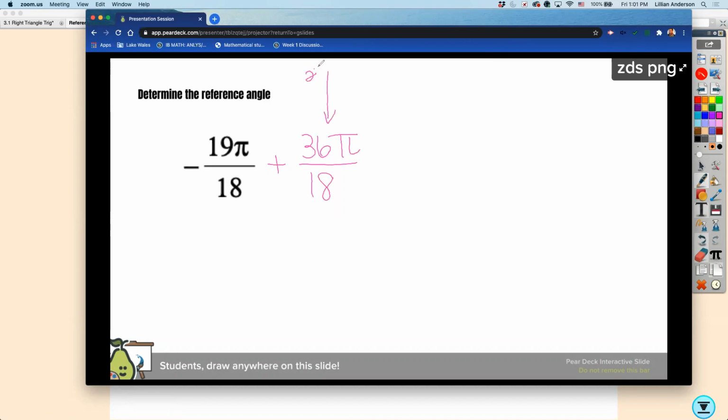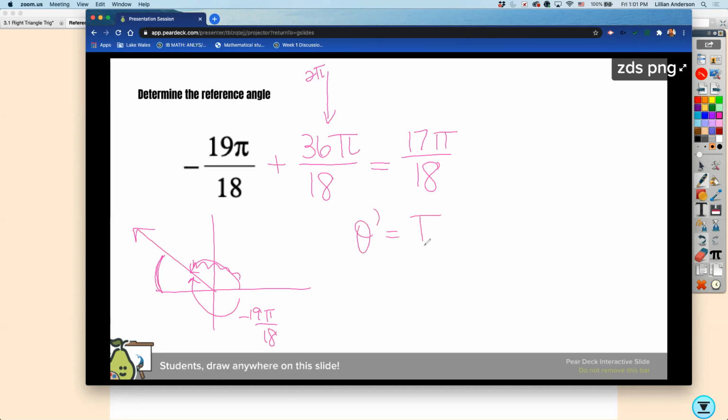When I add that, that's going to give me 17 pi over 18 as the angle I'm going to use, which lies in the second quadrant. But since I am in the second quadrant, I need to use the formula pi minus theta to get my reference angle.